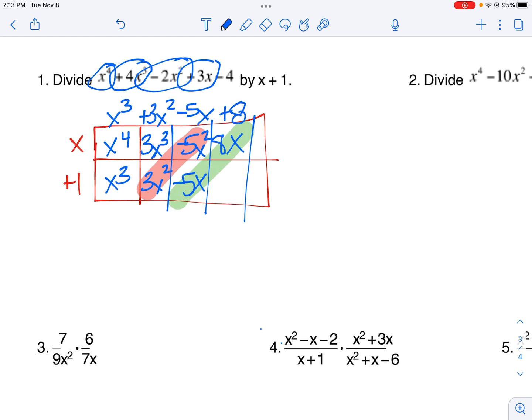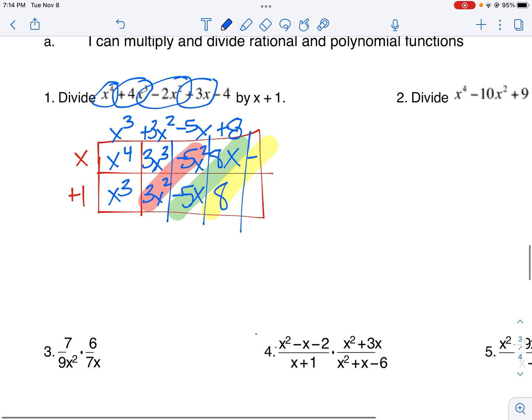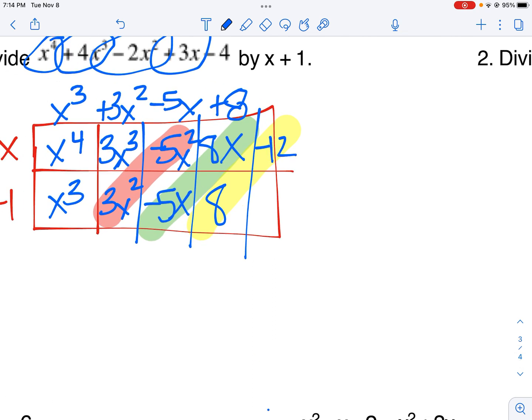And then 8 times 1 is 8. And then our next diagonal here has to be -4. So our remainder is -12 in this box.